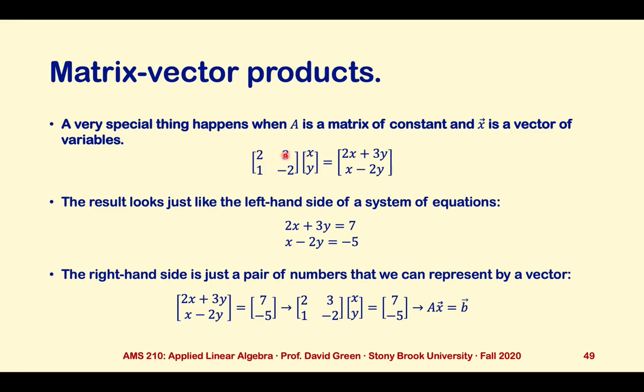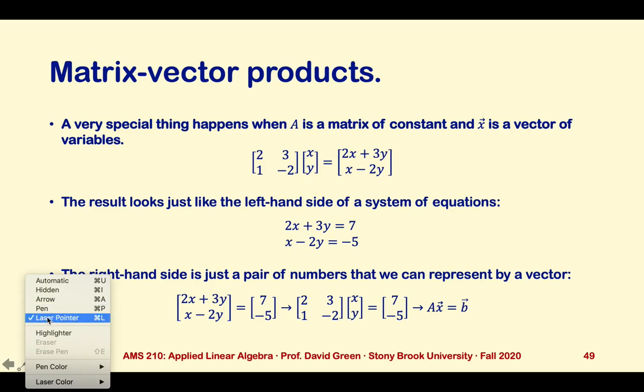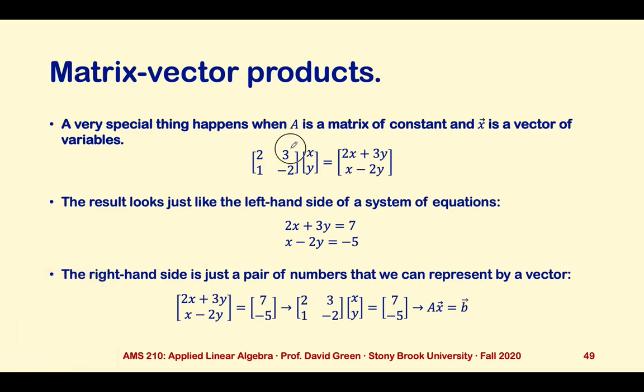Start with an example, a 2 by 2 matrix and a 2 by 1 column vector. How do we calculate this product? The rules of matrix multiplication say we take the first row and multiply it by the column, multiplying corresponding terms and adding them: 2 times x plus 3 times y.